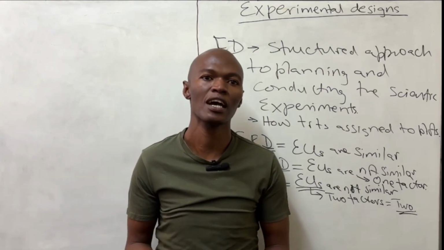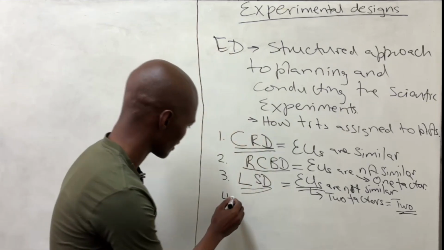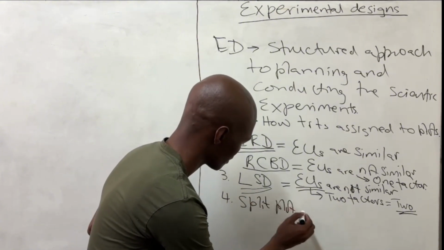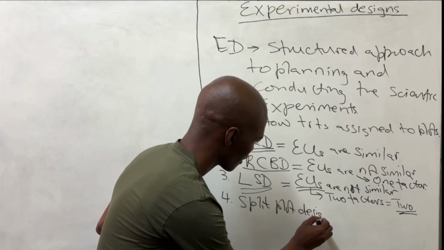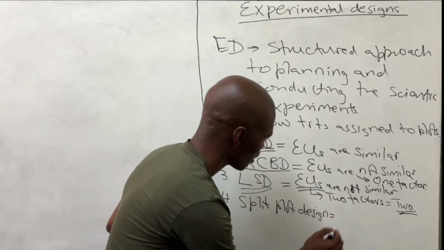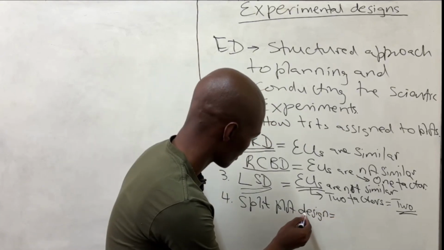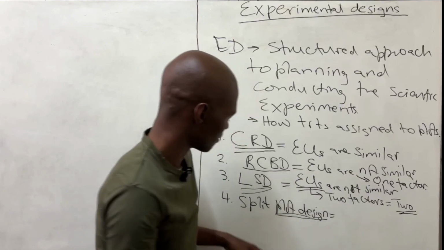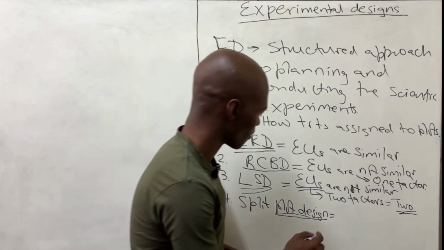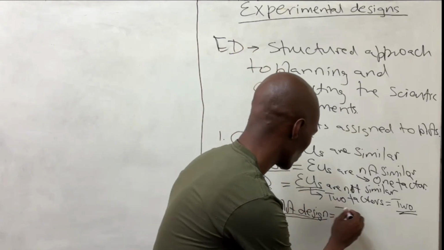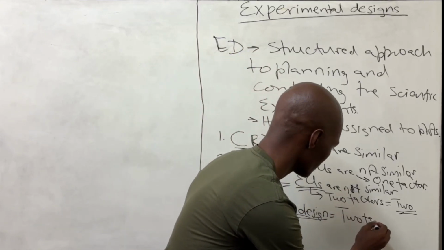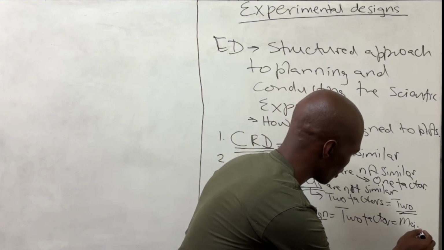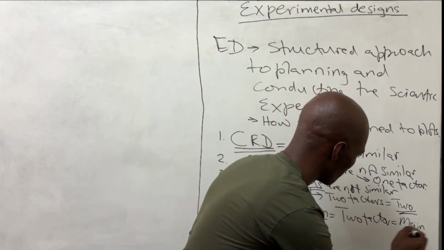Then we also have the experimental design called the split plot design. In this one you split your plots. You can see even in the name, the split plot design. You split your plots whereby you are going to have two factors. One factor, we use as a main plot.